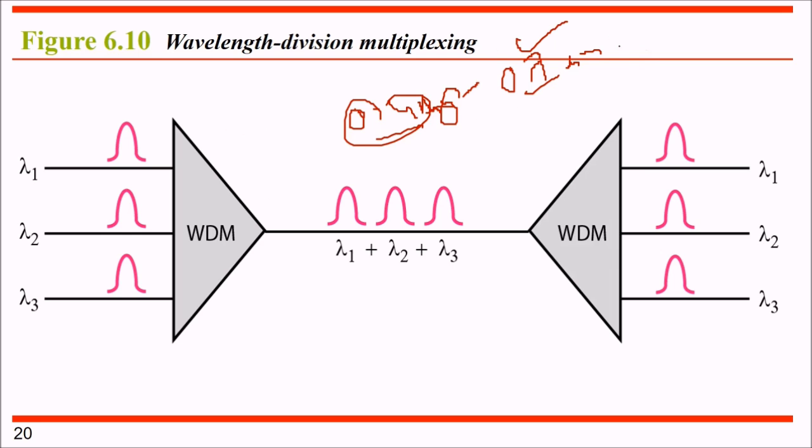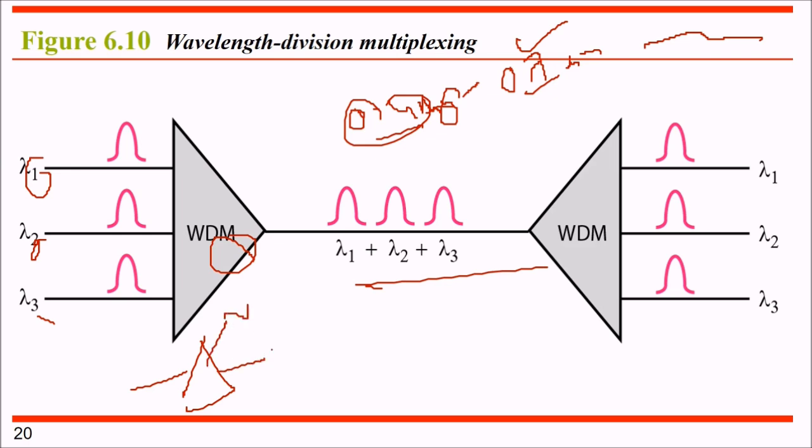So for light passing in fiber optics, we take lambda 1, lambda 2, lambda 3, combine them and then send them. We know that light passing through a prism gives VIBGYOR. When you combine them and send them through a prism again, they give only one light, white light.